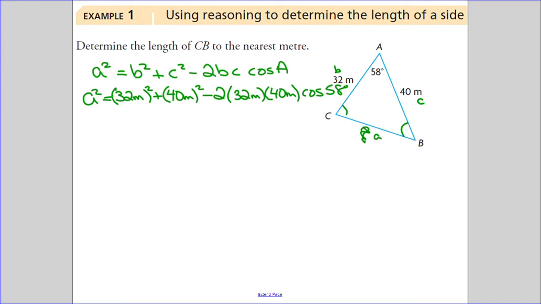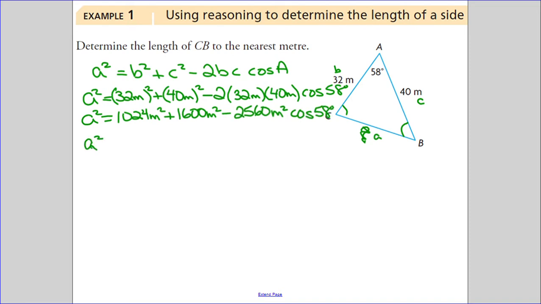So A squared is equal to 32 squared is 1,024 square meters plus 1,600 square meters minus 2,560 square meters times the cosine of 58 degrees.